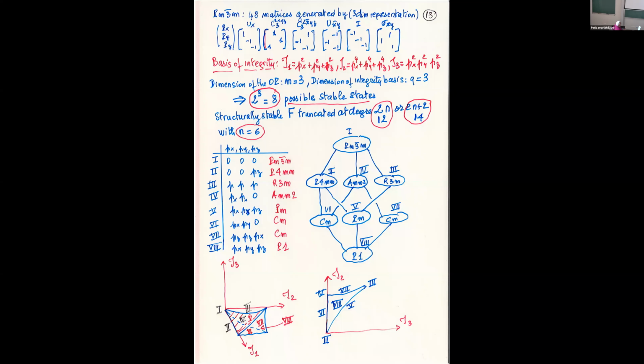And you find that the basis of integrity has, of course, the standard square, the 4th degree term, the sum of the 4th powers, and a 6th degree invariant of the polarization. So if we follow what we said, the dimension of the order parameter is 3. The dimension of the integrity basis is 3. So we have 2 power 3, 8 possible stable states, not only 3, the ones which are well known.